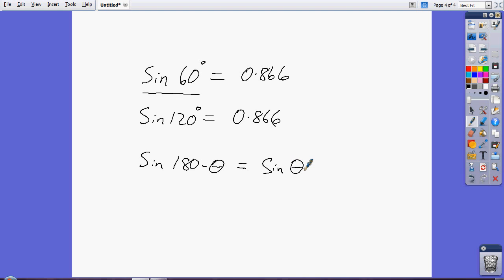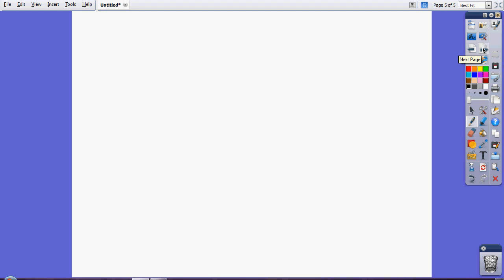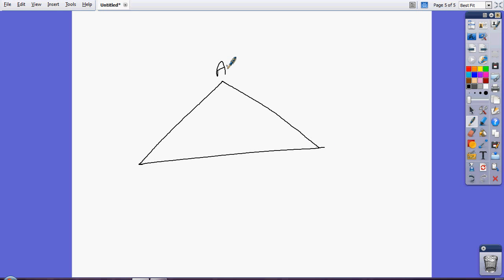So let's illustrate that with a simple example. If I have a triangle like this, angle A, and I'm working out what angle A is, and I find that sine of A equals 0.5, then I work out the inverse sine of that, and I'll get the answer 30 degrees.